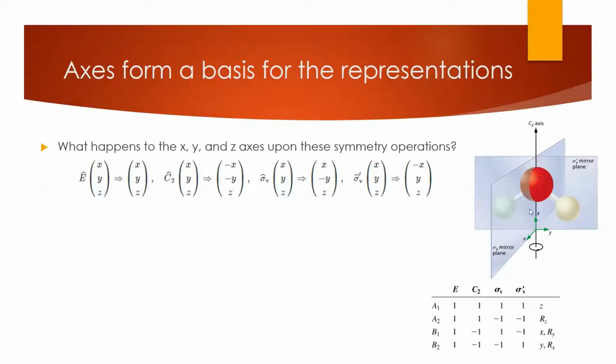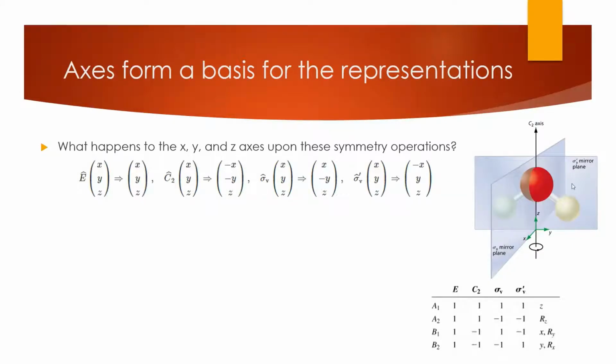So rotations about the X axis would be bringing these hydrogen atoms up and around and swinging the molecule around this way. And if we think about what happens to this, if we leave it unchanged, the identity operator gives us a sign of 1. If we do a C2 rotation along this axis, that's going to change the sign of our rotating molecule as it rotates about the X axis.